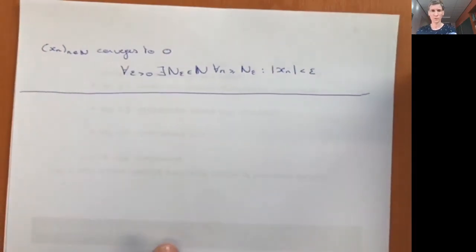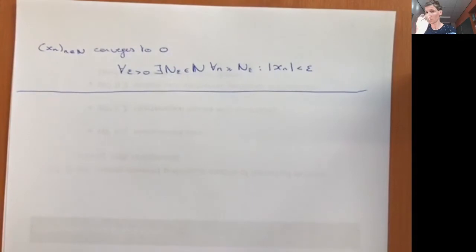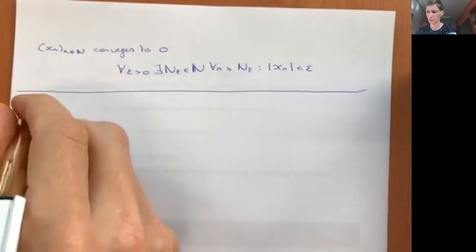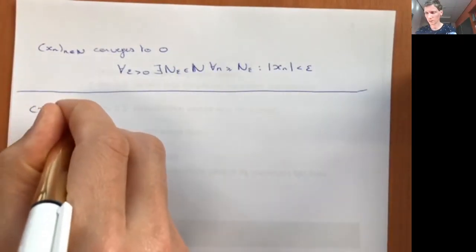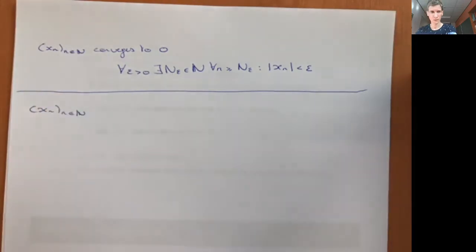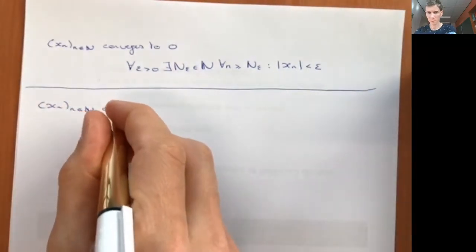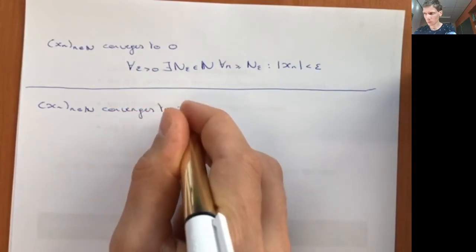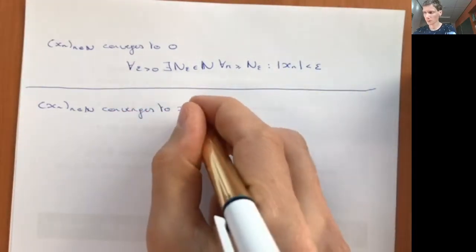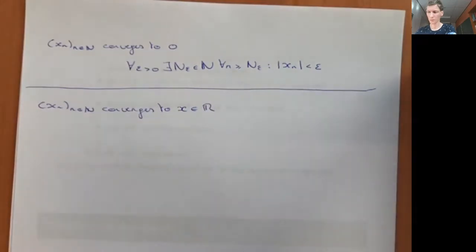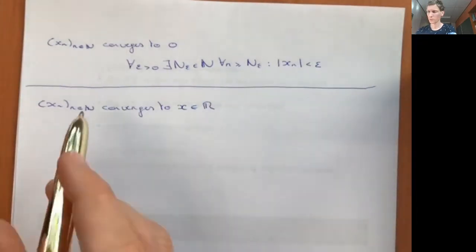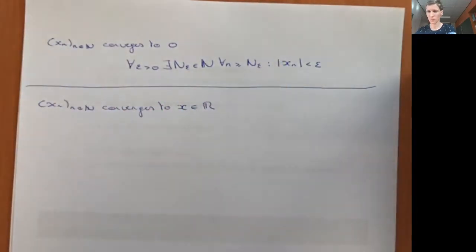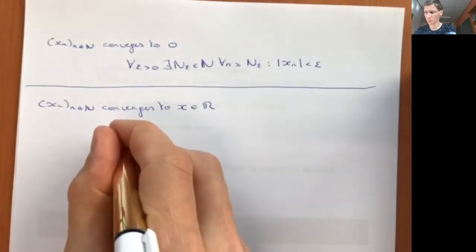So in many cases, we're not really interested in convergence towards 0, but maybe we want to see if a sequence converges to another number, different from 0. Okay, so we can say that xn converges to, let's say, x in R. So what we're going to do is mimic this definition, and change one small part.